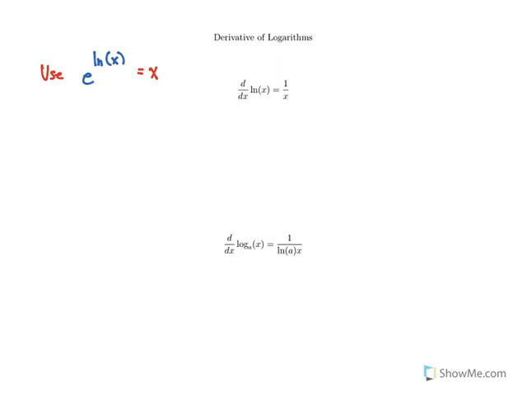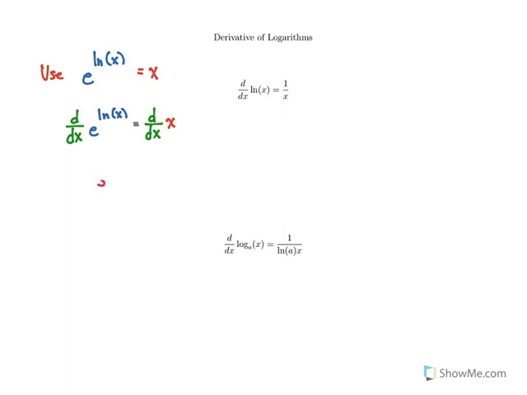And we're going to take the derivative of both sides to find this derivative. So we're going to have to use the chain rule. We have the inside function is natural log, the outside function is e to the x.